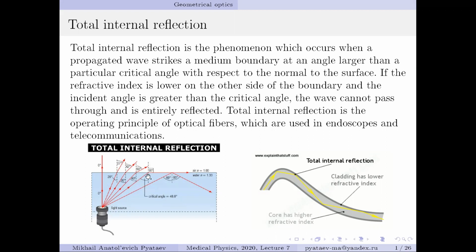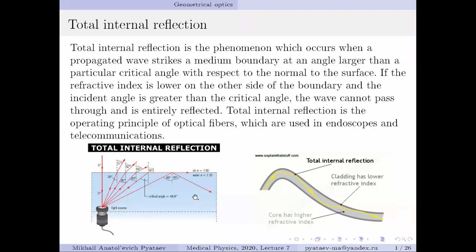If the angle becomes critical, then the outside refracted angle is 90 degrees, so the light goes parallel to the surface. And if the angle is larger than critical, then light doesn't go outside at all. It stays inside. And this is called total internal reflection.